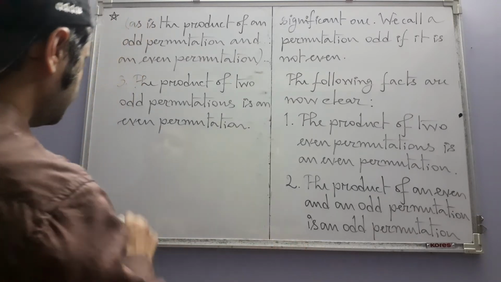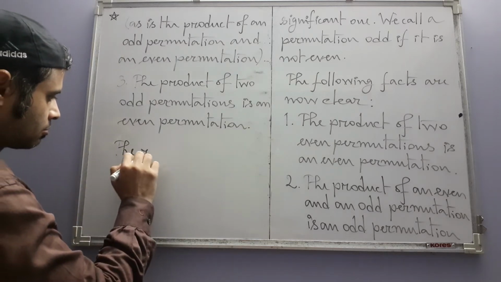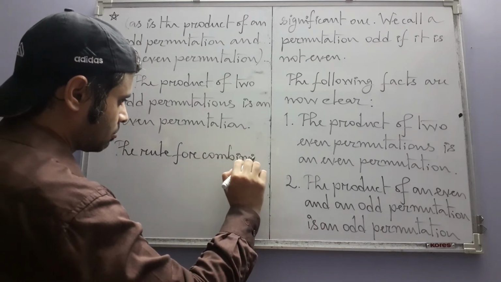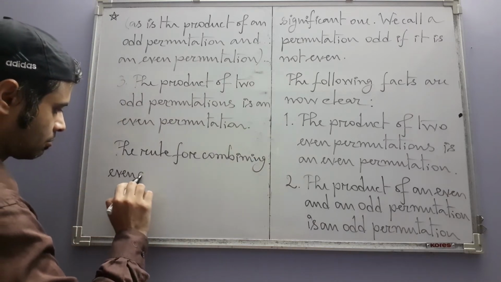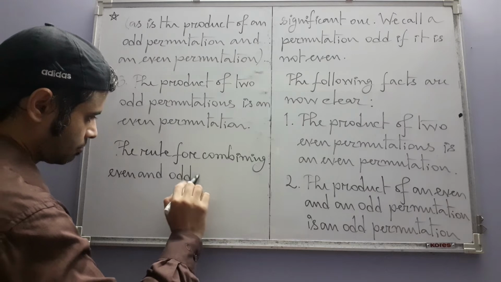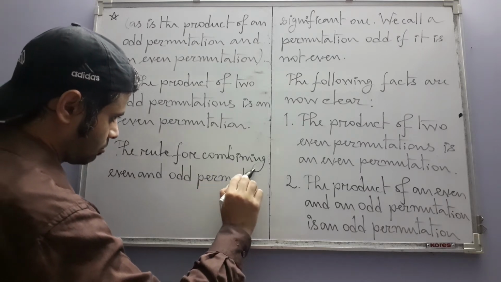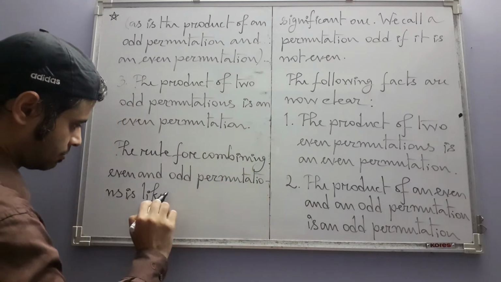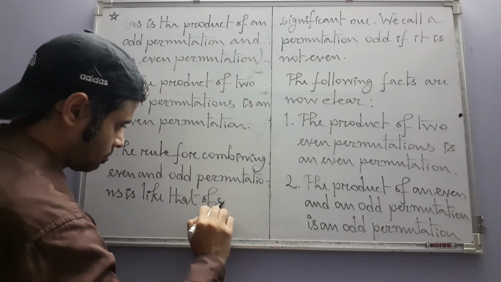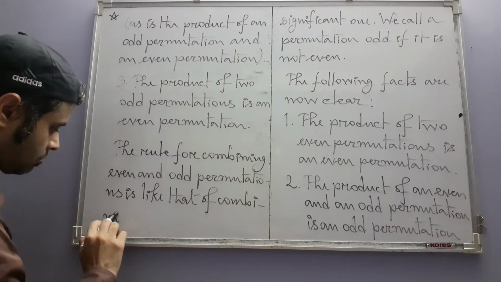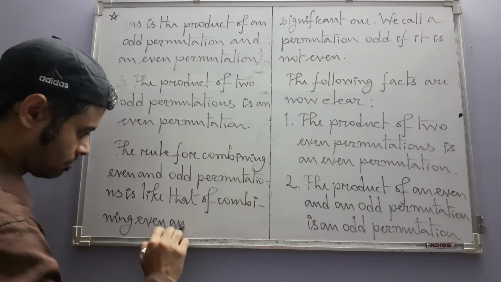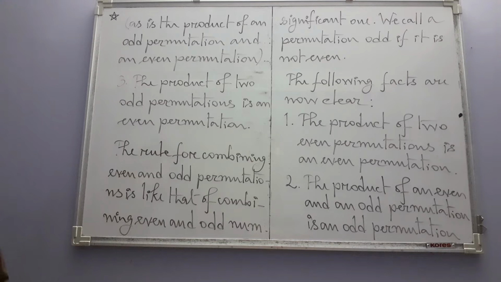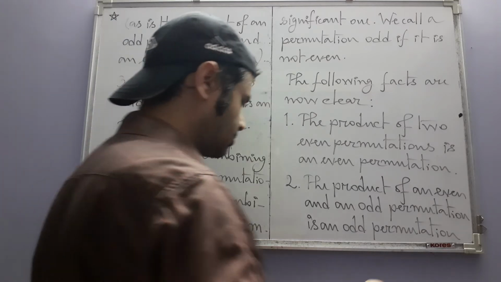We know now why. Even and odd numbers. Numbers in this context, of course, means integers.